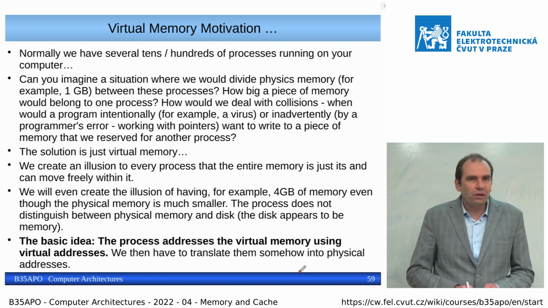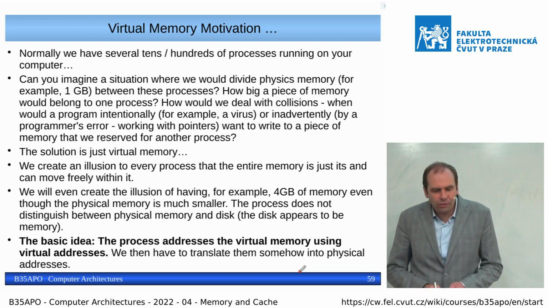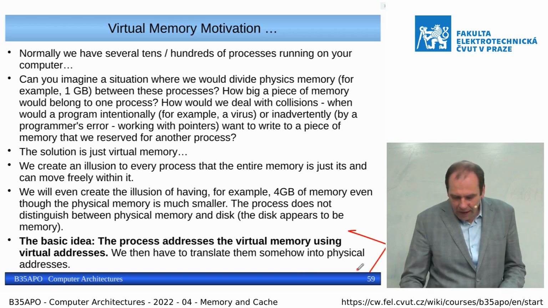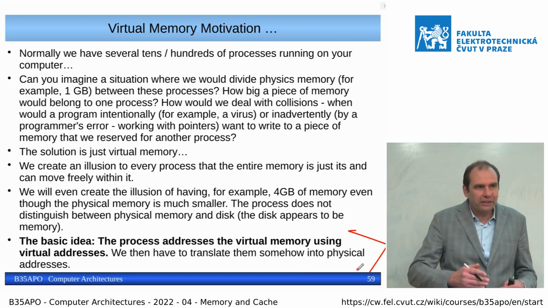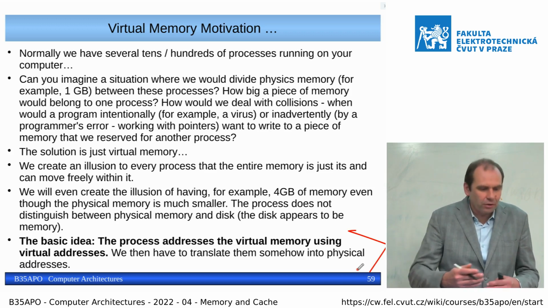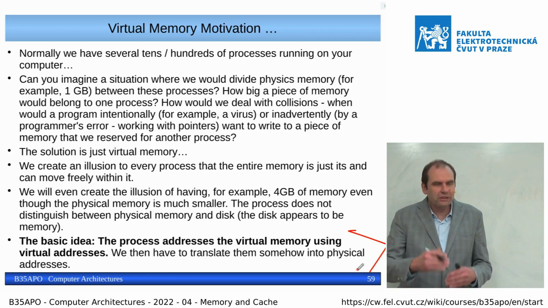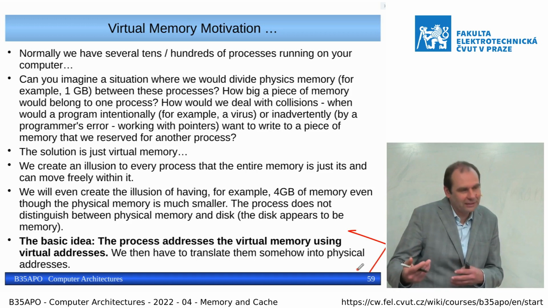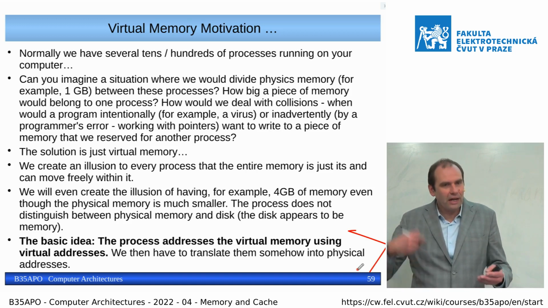Initially, it was called virtual because it allows extending the address space for a given process, to have a bigger amount of available space to work with than the actual size of the physical memory. So virtual is something which is not existent, or it is only in our mind.